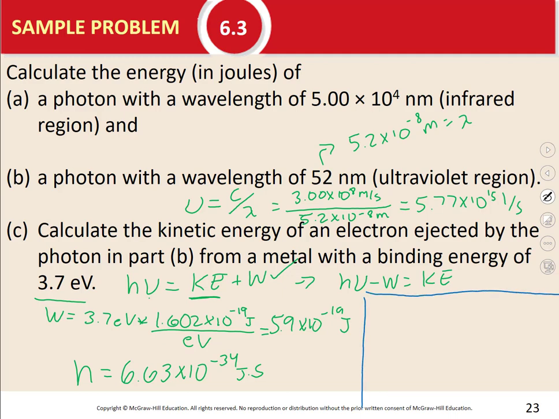And then plug in our numbers. 6.63 times 10 to the negative 34 joules times seconds times the frequency, 5.77 times 10 to the 15 per second, so seconds will cancel, minus the binding energy, which we found to be 5.9 times 10 to the negative 19 joules, gives us a kinetic energy of what?